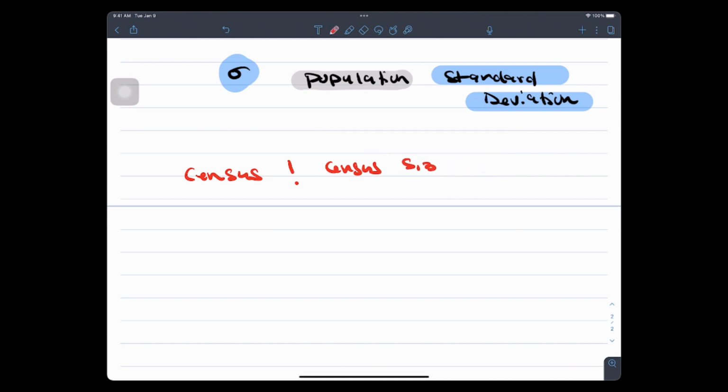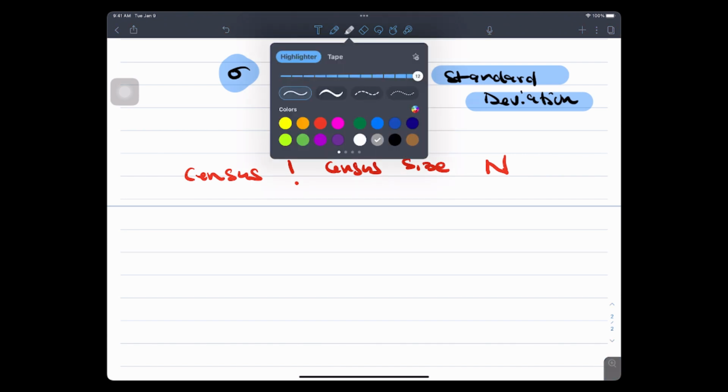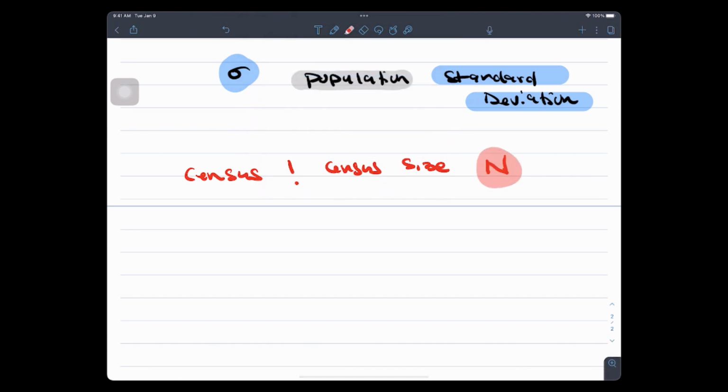It's the entire population. Census size is when you gather data from everybody. And that's an issue. You can't gather data from everybody. We have that big letter N. Is that right? Why can't we gather data from everyone? There's a big problem with that.